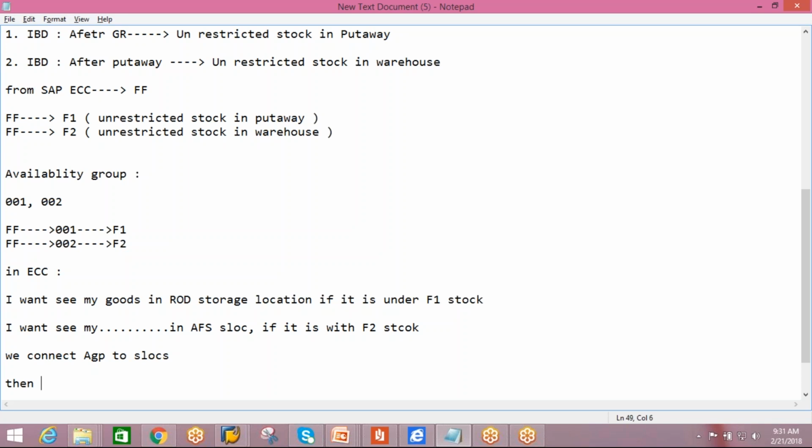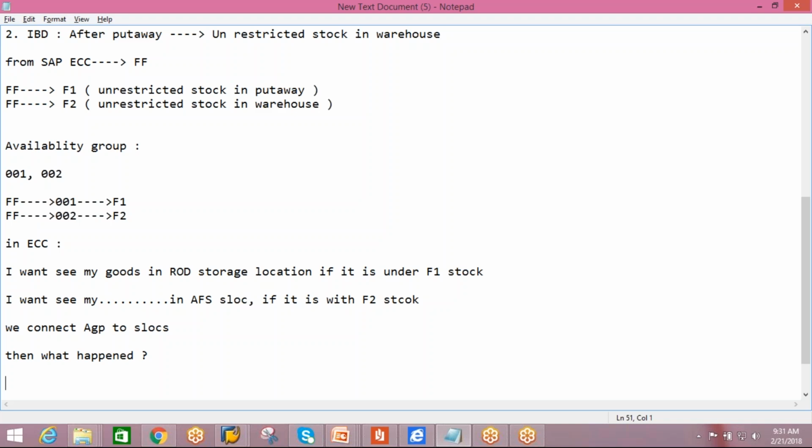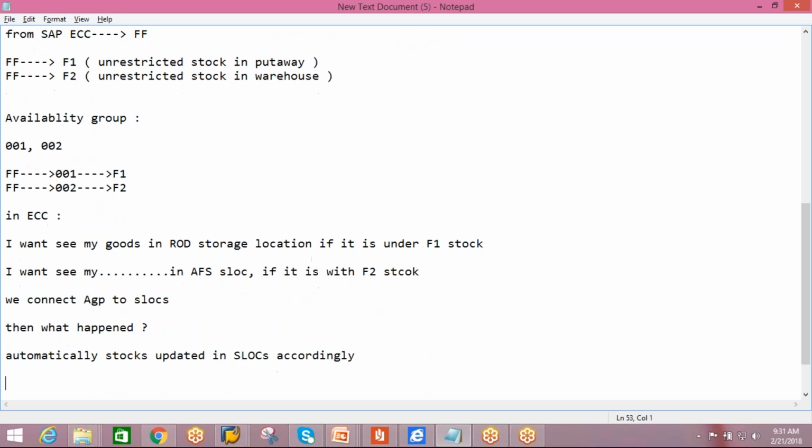Then what happened? Automatically stocks are updated in storage locations accordingly. Okay, this is the setup. We can manage the stocks.